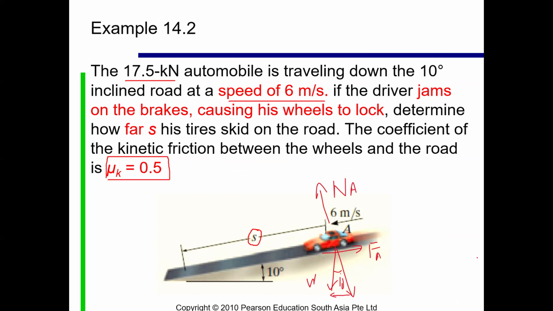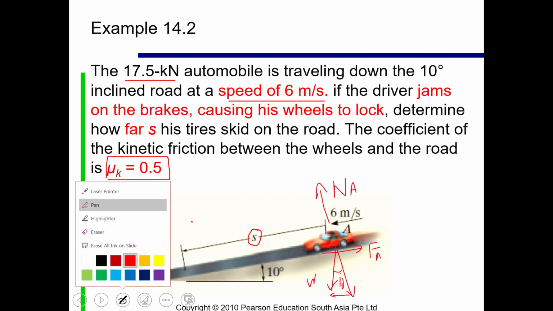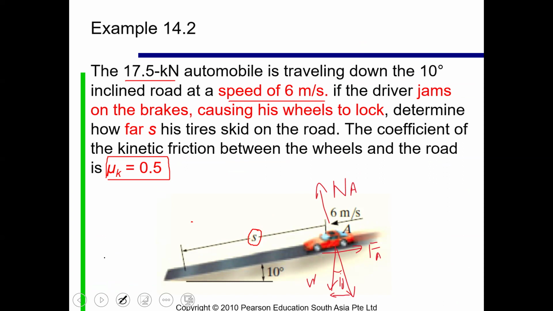one thing is again that normal reaction will be present. I think I already have drawn something, so I will draw it again. The normal reaction, that is here. This is the normal reaction. Weight will be acting downward like this, right? If I draw the angle, what would be this angle for the weight?